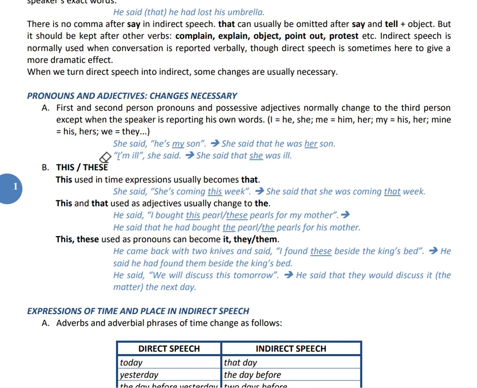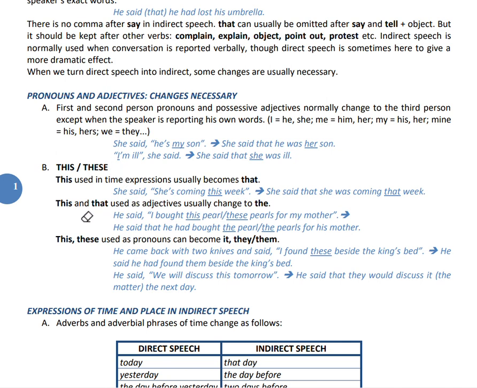Next, this, these. This used in time expressions usually becomes that. She said, "She is coming this week." She said that she was coming that week. Okay? Great. And this and that used as adjectives usually change to the.